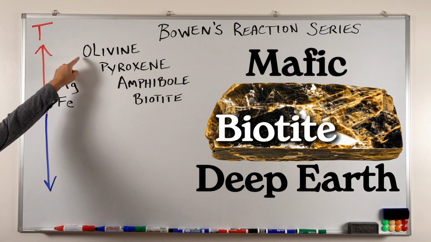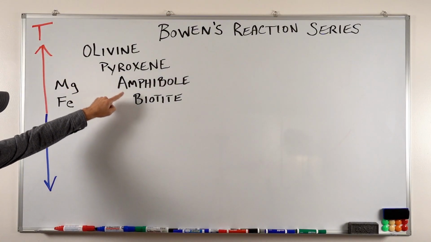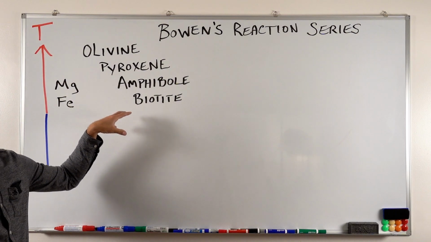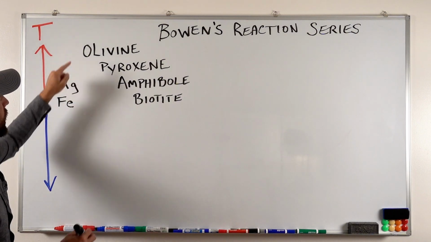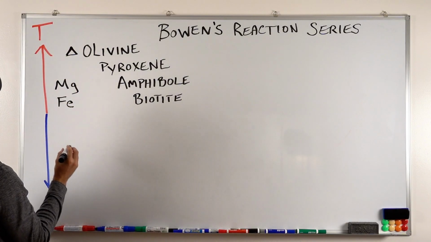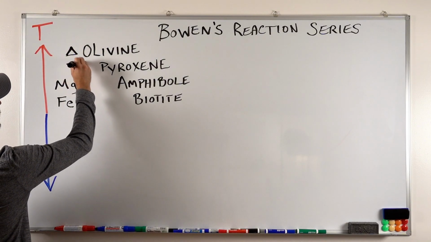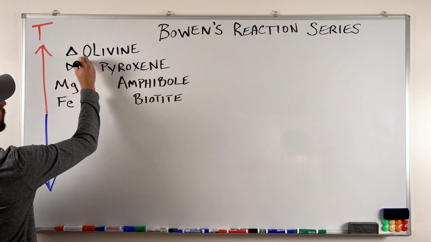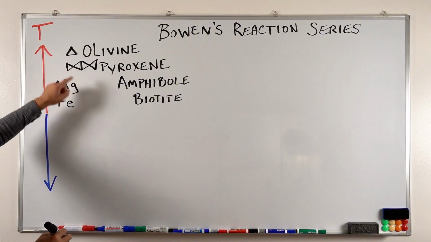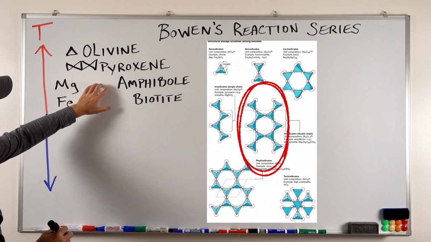The difference between them, and why this one forms, then this one, then this one, then this one, is the crystal structure. Remember I was saying olivine is just a single silica tetrahedron. Pyroxene, they form chains like this. Well, amphibole, it becomes a little more complicated.